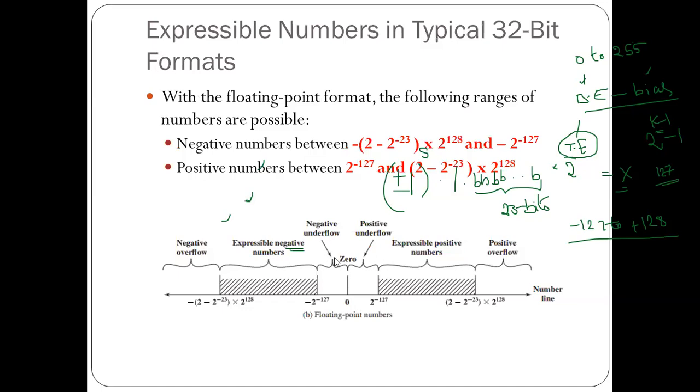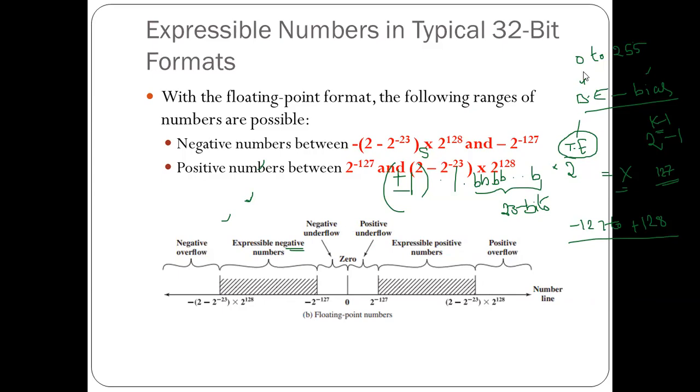Those are 5 regions in total: 0, negative underflow, positive underflow, positive overflow, and negative overflow. But 0 is very important for us to represent, and also whatever numbers lie beyond this range, as plus infinity and minus infinity.